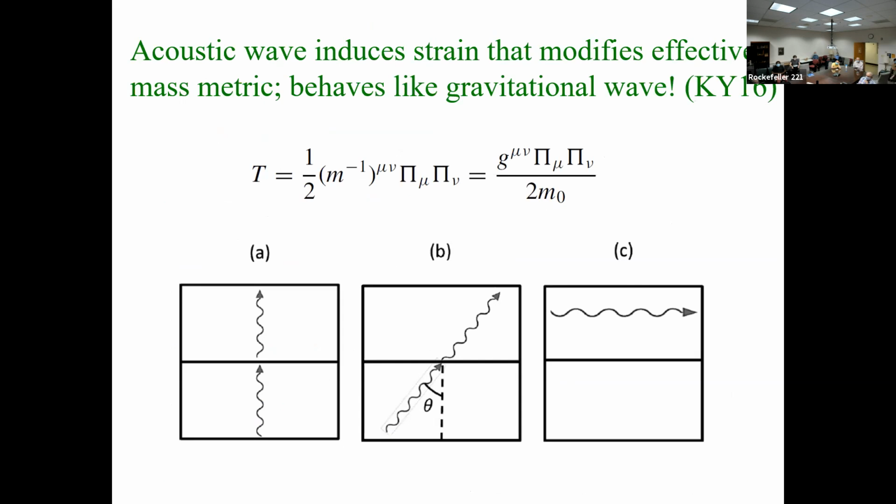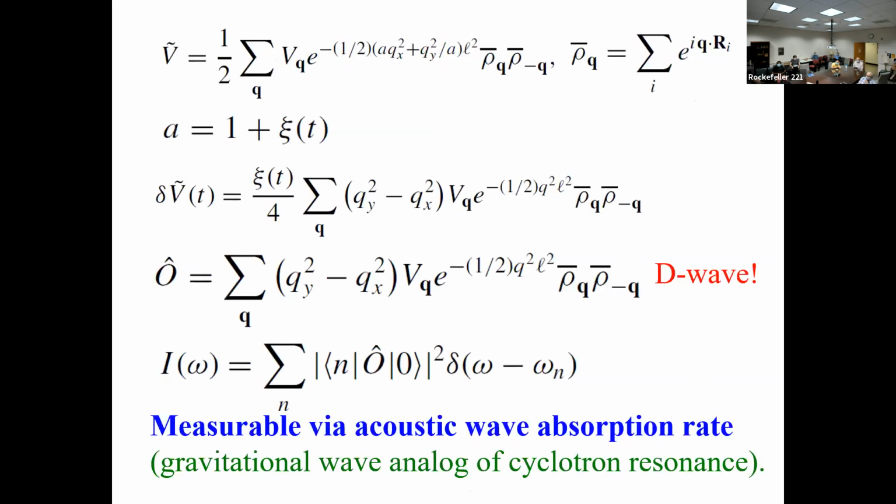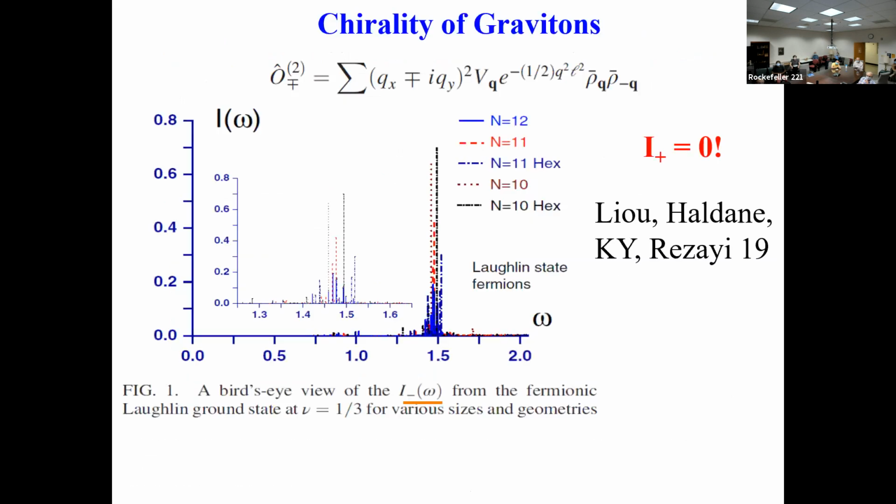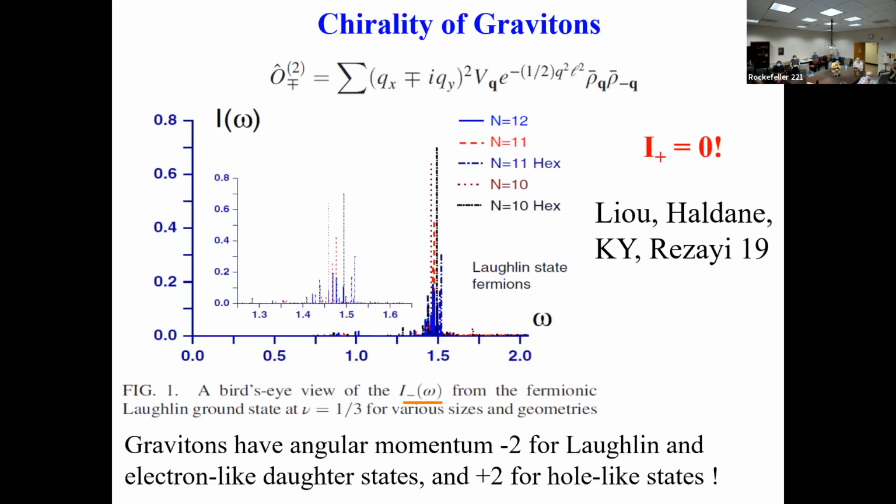So in 2 dimensions, L equal to 2 excitation should come, at least in principle, with 2 possible polarizations, +2 and -2. So in later work, which can be tested more directly experimentally, as it turns out, we found that the graviton has a single chirality for the Laughlin state. And that chirality is -2.